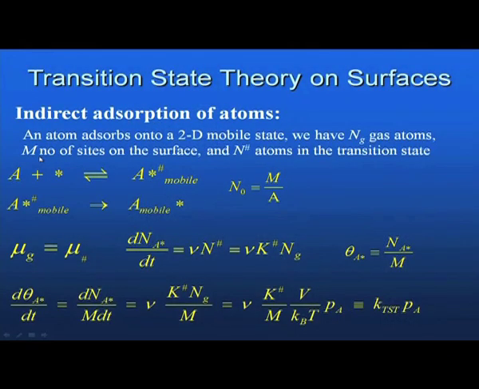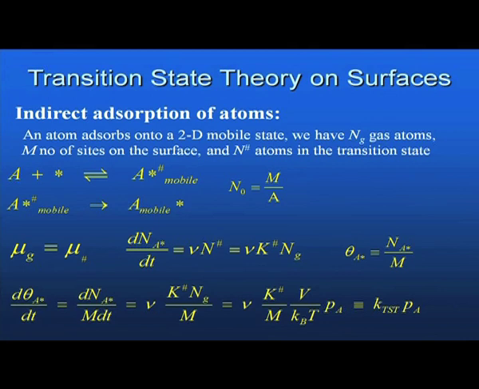Okay. So, atom adsorbs onto a 2D mobile state, and suppose we have got Ng number of gaseous atoms and m number of sites on the surface. So, you have got the sites, m number of such sites, and Ng number of gaseous atoms.